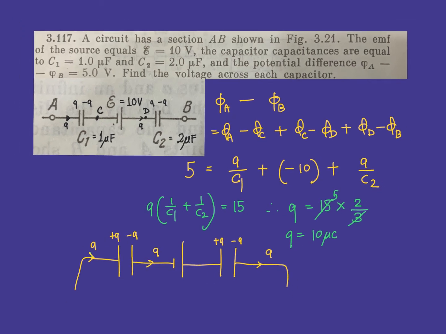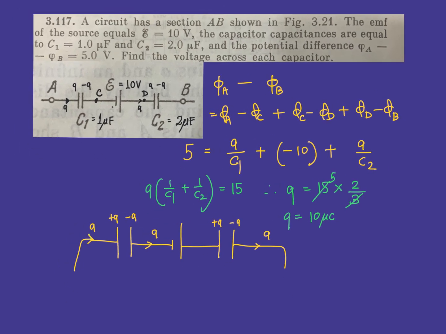So now voltage across each capacitor. Phi A minus phi C, what is that? Q by C1. That is 10 microcoulomb by 1 microfarad. So that's 10 volt.